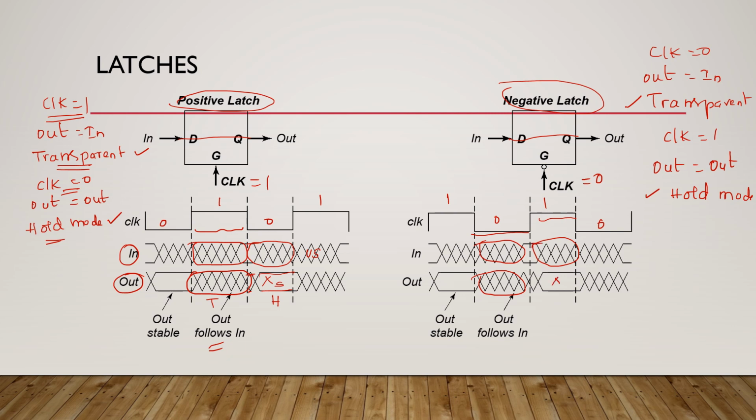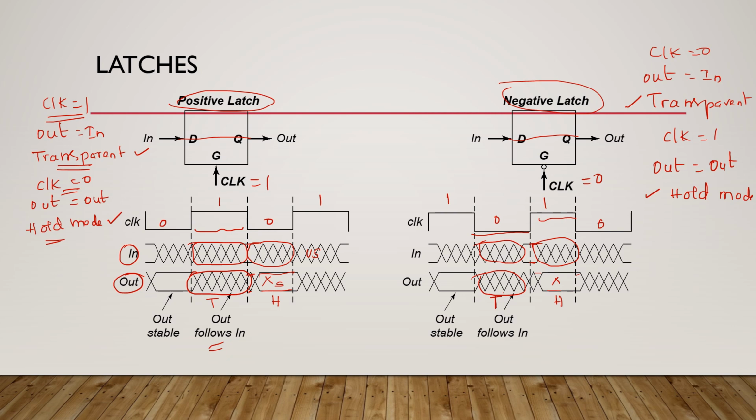Instead of that, whatever I had at the last, the same will be maintained during the clock is 1. Okay. So, in this period, we can say the latch is in transparent mode. In this period, we can say the latch is in holding mode.